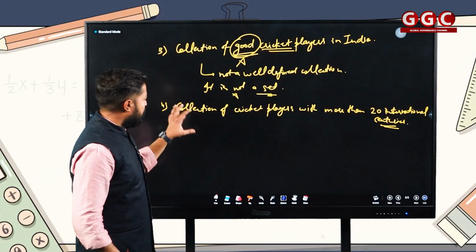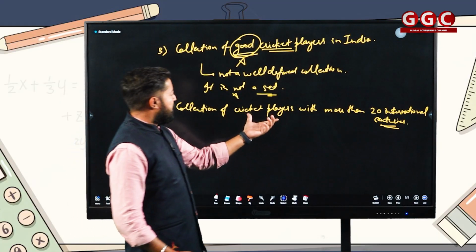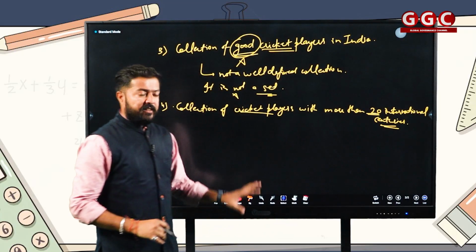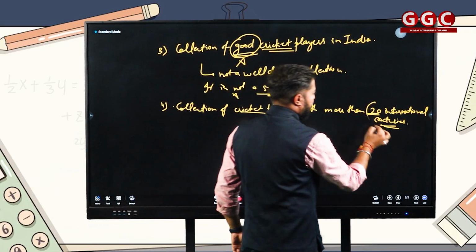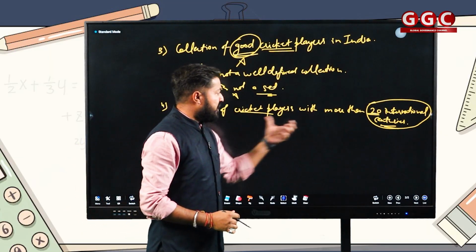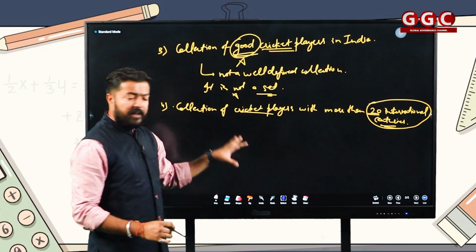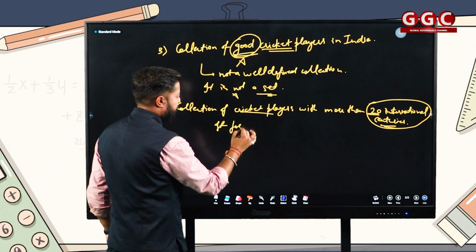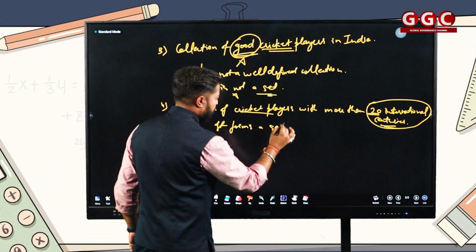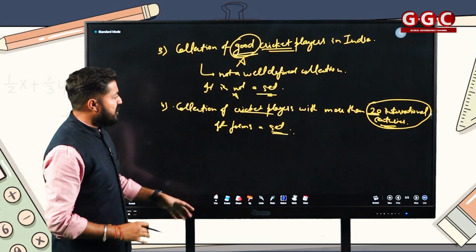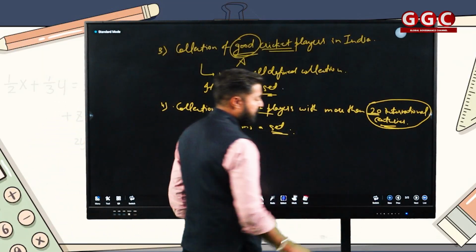Here we are defining the collection as collection of cricket players with more than 20 international centuries. This is a very well defined property. Only a few selected players will be in this collection. So hence it is a well defined collection. That means it forms a set. So I hope with all these examples it is clear the definition of well defined.